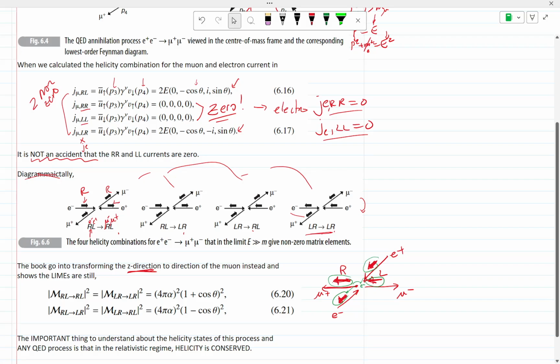This is more important. I think he's trying to showcase why, even when transforming to a different axis, you still get the same Lorentz invariant matrix element, and I think you should read through that. But what's even easier to understand, at least to me, is that since these are Lorentz invariant matrix elements, you can transform your axis however you want and still get the same answers, from the fact that we calculate this using Lorentz invariance.